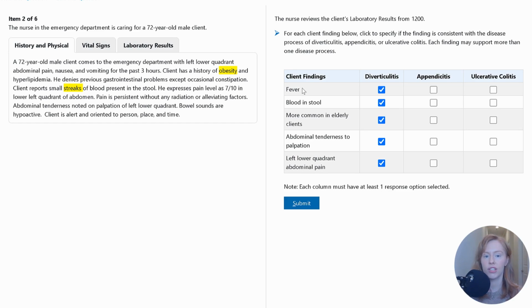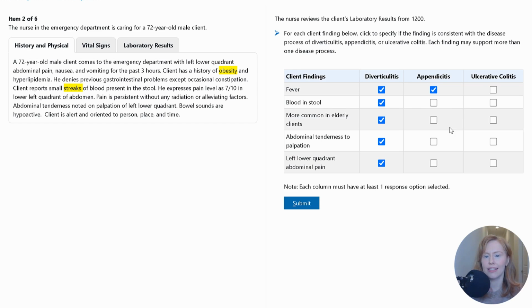So an infectious inflammatory process, yes, it's going to cause fever. Blood in the stool. This is much further back in the GI tract. Any stool passing by the appendix still has to go through your entire large intestine. So even if there might be a trace amount of bleeding at that site, you wouldn't see it as blood in the stool. And then being more common in elderly clients.